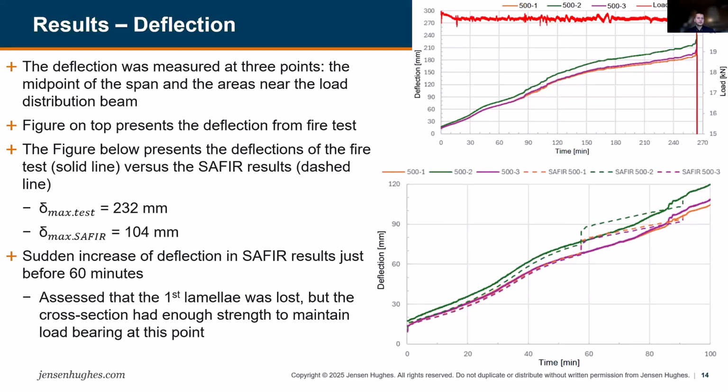And the figure below presents the deflection of the fire test versus the SAFIR results, where the fire test is presented with a solid line and SAFIR results with a dashed line.